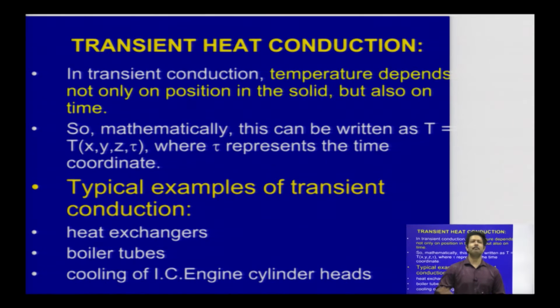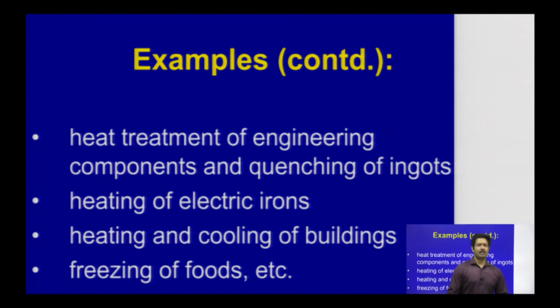The typical examples of transient conduction are all practical examples like heat exchangers, boiler tubes, cooling of IC engine cylinder heads, heat treatment of engineering components and quenching of ingots. What is quenching? Quenching is basically heating the ingot in an oven, and then putting that particular ingot immediately into liquid oil, meaning cooled oil.